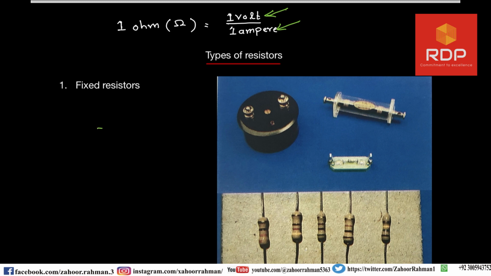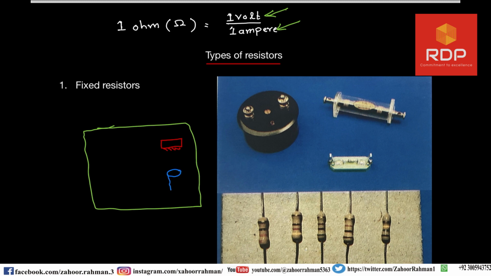If you look at the motherboard of a computer or any electronic device, for example, there is an IC and there is another device, the condenser, or the capacitor.